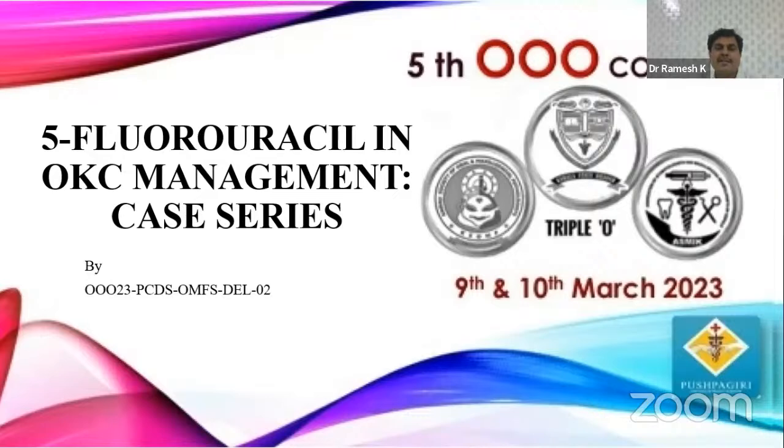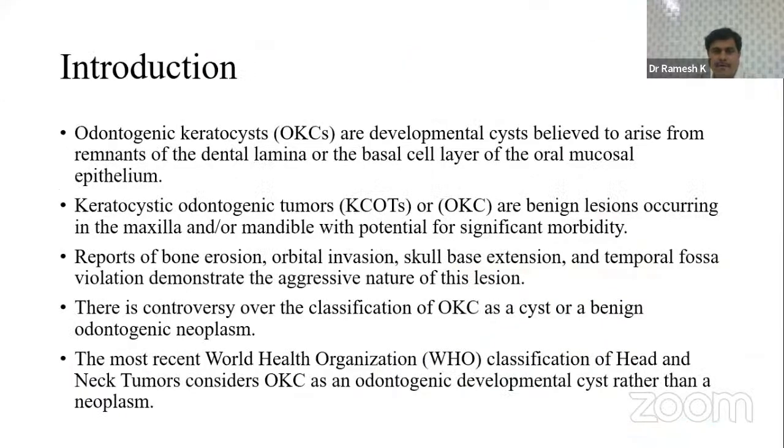Carnoy's solution we can't use near vital organs. The depth of penetration may damage the vital organs also. So for any cyst involving vital surrounding structures, we are using 5-fluorouracil.